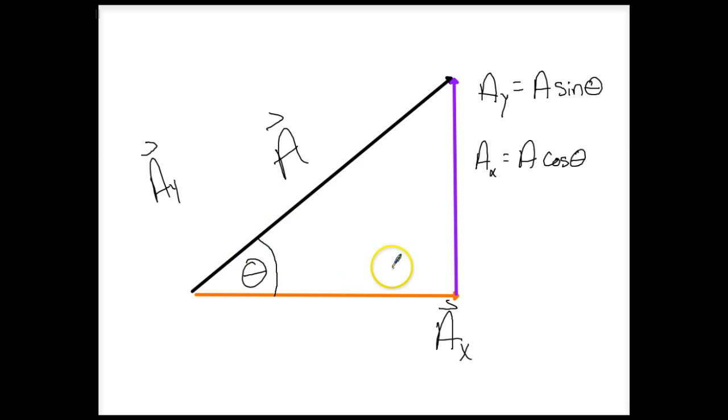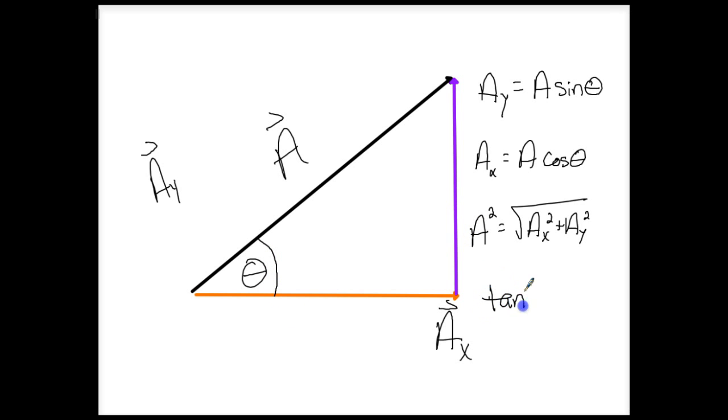Now if I want to find out what A is, because I have these two pieces right here, and I want to find A, A then becomes the square root of A sub x squared plus A sub y squared, which is just the Pythagorean theorem. And if I know these two pieces right here, I have the opposite and the adjacent, and I want to find this angle, that sounds like tangent to me, TOA.